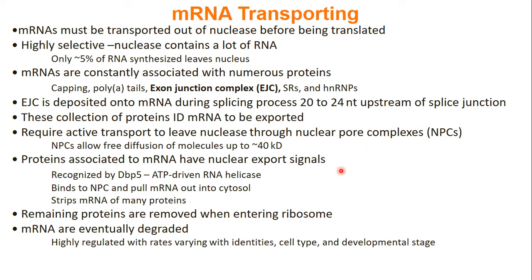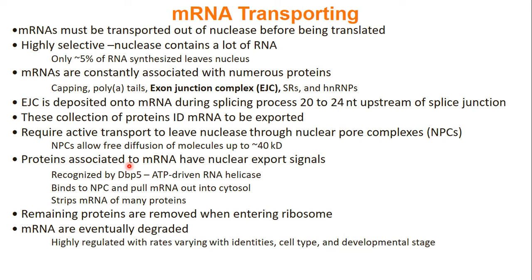So the proteins that are associated with mRNAs have export signals, and they're recognized by a specific protein called DBP5, which is an RNA helicase.